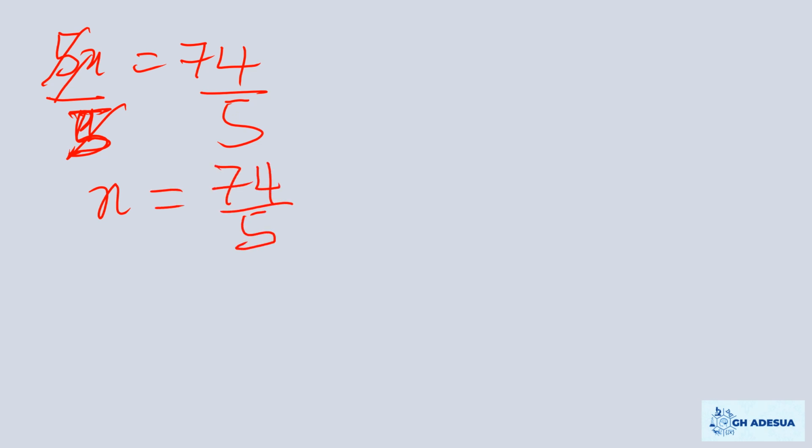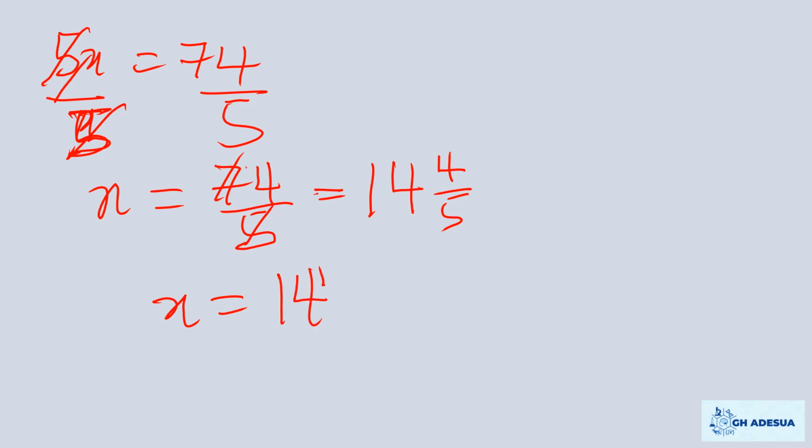Now how many times is 74 divided by 5? 5 into 7 is once, remainder 2, making it 24. 5 into 24 is 4 times, that is 20. Remainder 4 over 5. So in effect, our answer is x is equal to 14 whole number, 4 over 5.